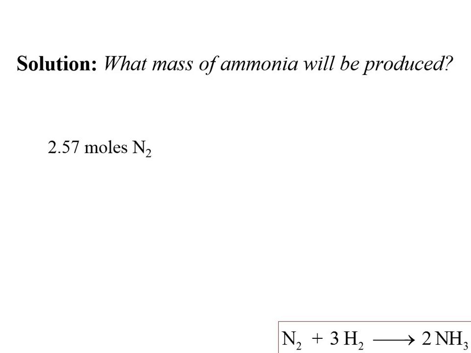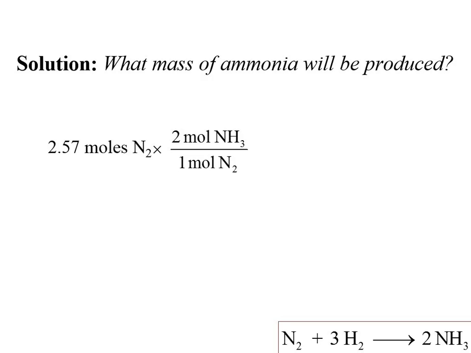So now I'm trying to get to mass of NH3, so I'm going to pick off these stoichiometric coefficients of 2 moles of NH3 for every 1 mole of N2. And that's going to be the ratio: 2 moles of NH3 over 1 mole of N2. Moles of N2 cancel. We're left with moles of NH3.